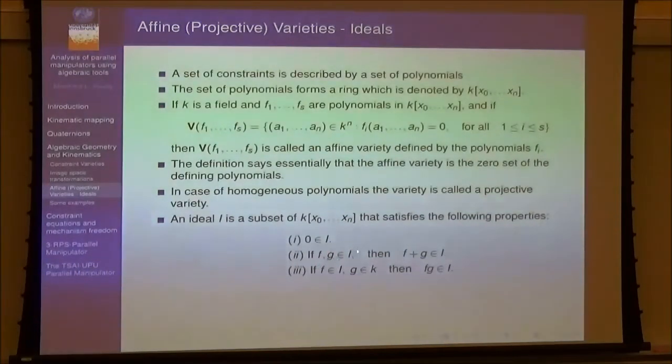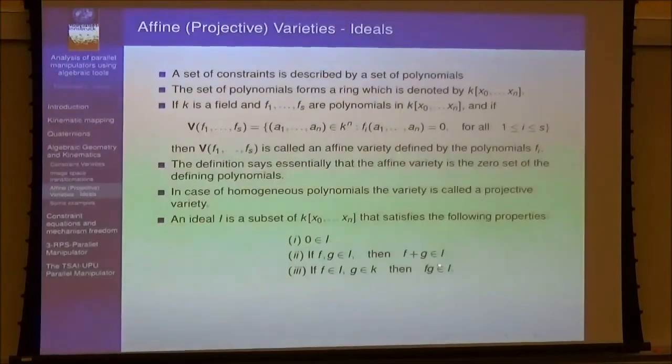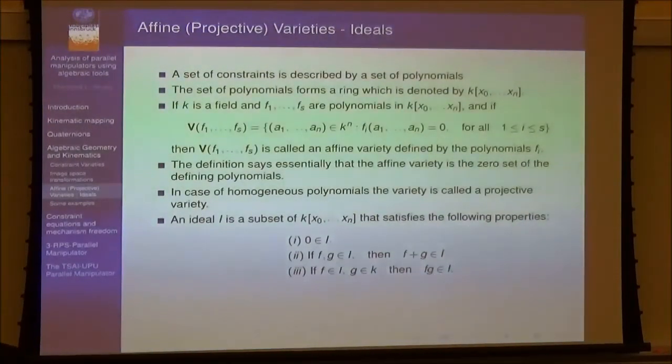If f and g are two elements of this ideal, then the sum of them is also in. You have seen I have used before this property. I have taken the difference of two polynomials. Sums and differences are allowed. So it will not change the affine variety. This is what is important. And if you have a polynomial which is contained in the ideal, then you can take any other polynomial from this ring, you can multiply it, and it will be also in.